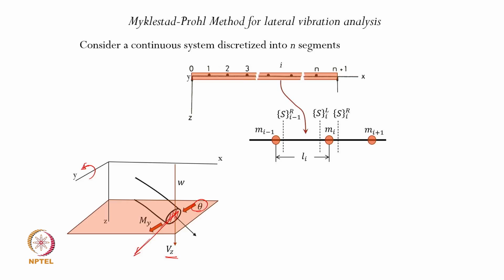So the deflection, slope, shear force and bending moment. Whereas in the Holzer method for torsional vibration, the only deflection was the twist, so therefore it was only theta, and the corresponding internal force, that is the twisting moment that is set up because of twist. So those were the two state variables. Here there will be deflection, slope and the corresponding shear force and bending moment.